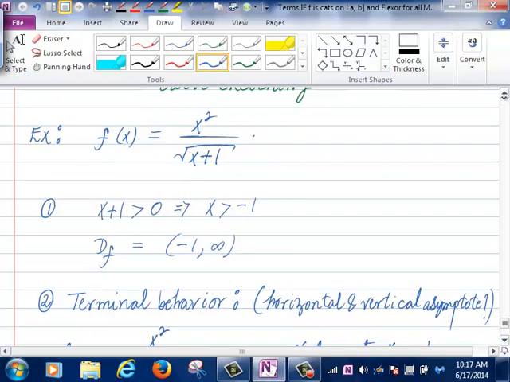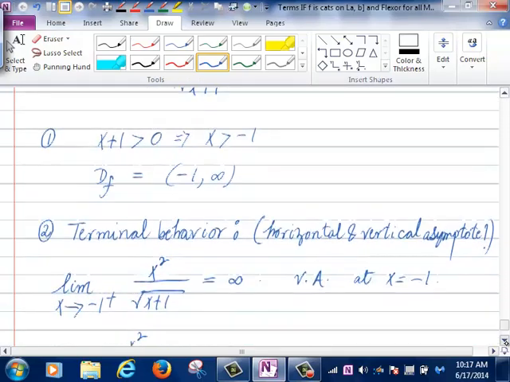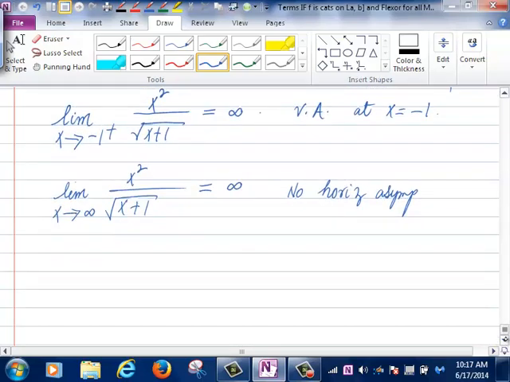Okay, so the third step I'm going to do is if you can find the intercepts, go ahead and find the intercepts, okay? So in the third step, if there are any intercepts that you can find, go ahead and find them. So how do you find the y-intercept?